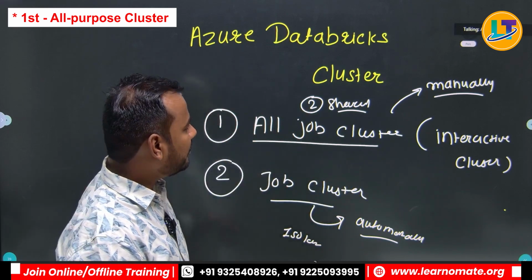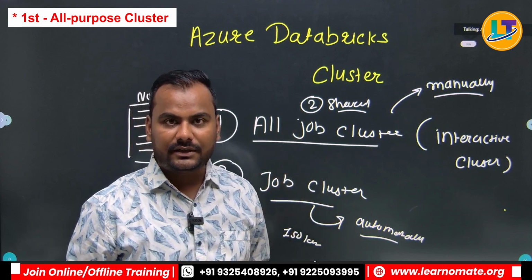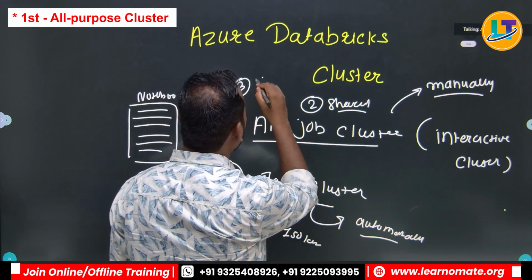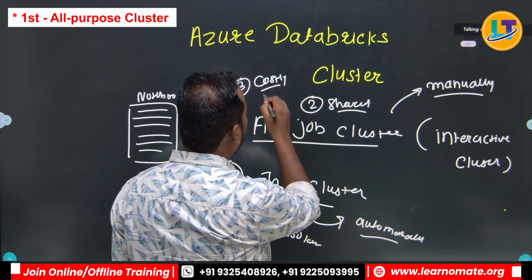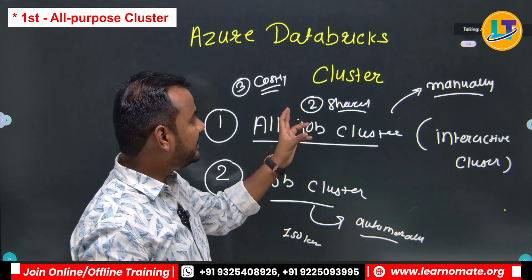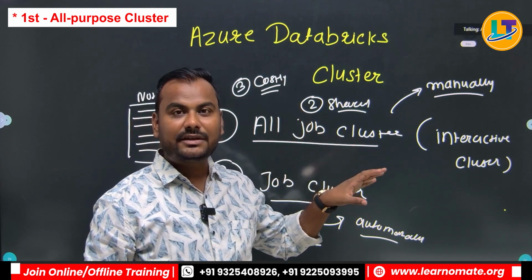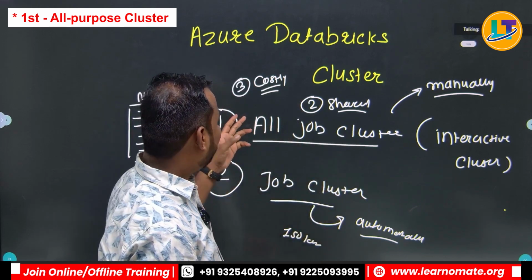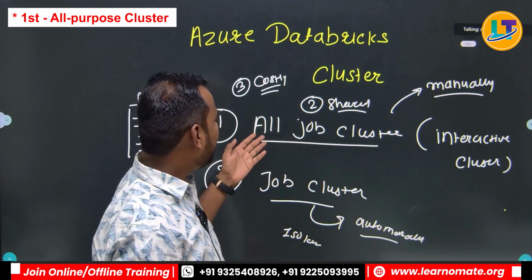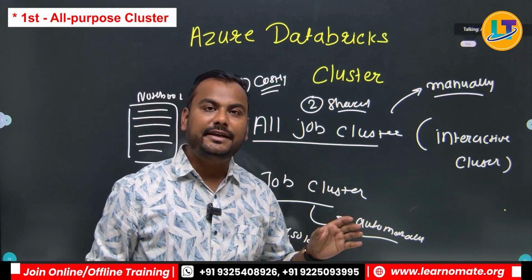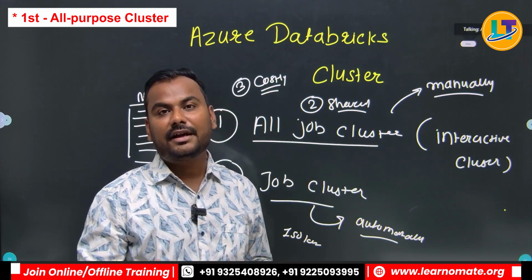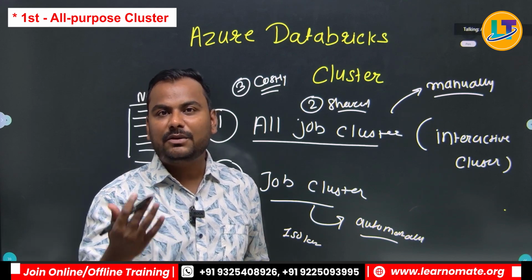Now you might have a question: which is more costly? The all-purpose cluster is costly, because anything available under it is persistent. Why it is costly: unless and until you delete this cluster, it will consume your resources and you will keep getting a bill from Azure.